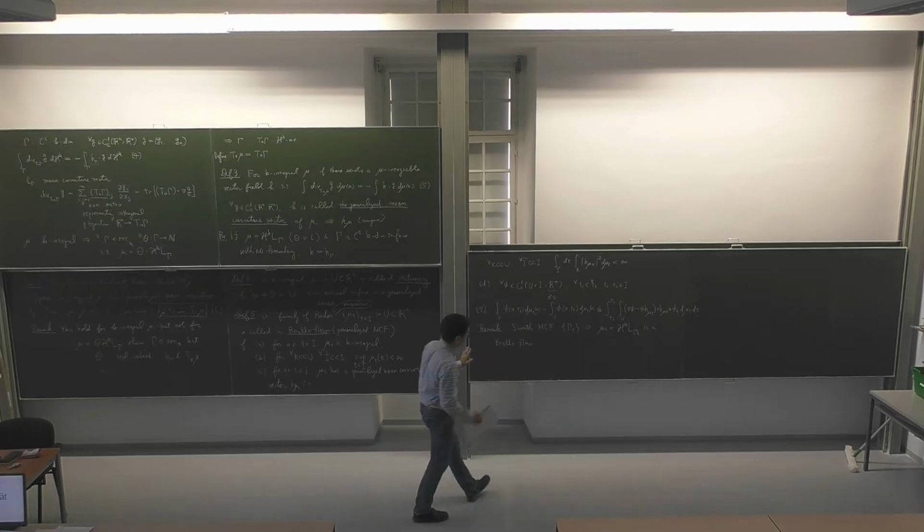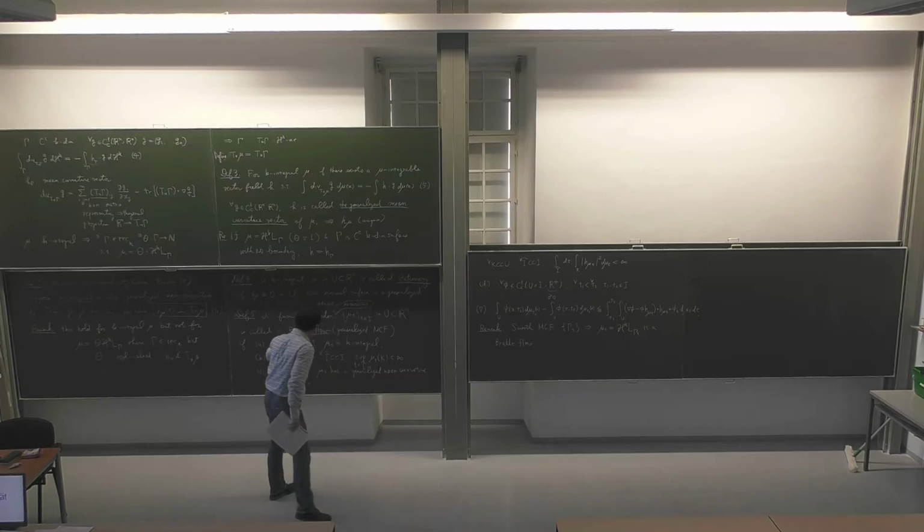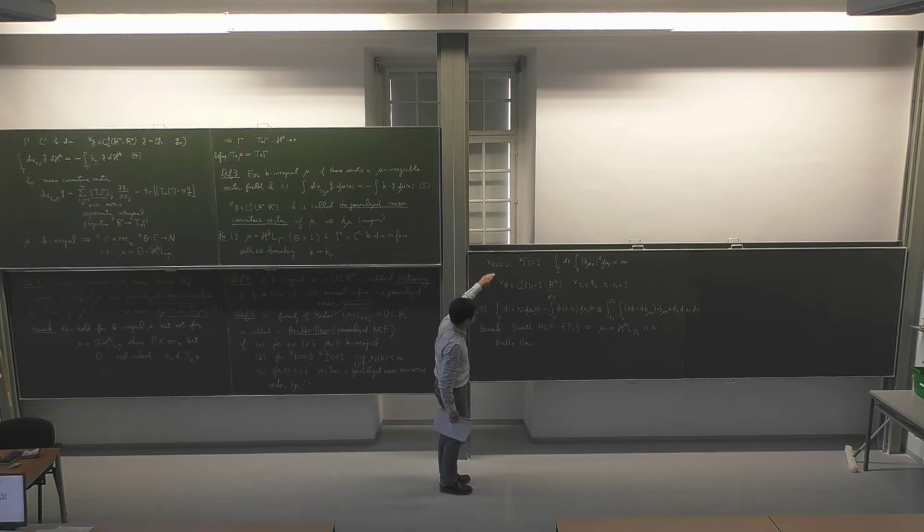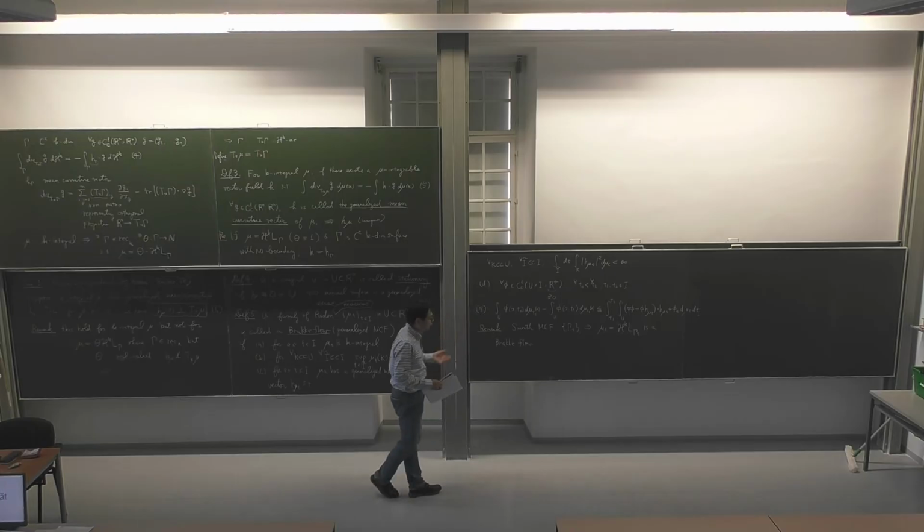I think it should be clear. Of course, number one, obvious, because it's a smooth surface, so it's K integral. And the only non-trivial thing was this inequality, but we checked that this is satisfied for nice smooth mean curvature flow. So this Brakke flow is really a generalization of smooth mean curvature flow.